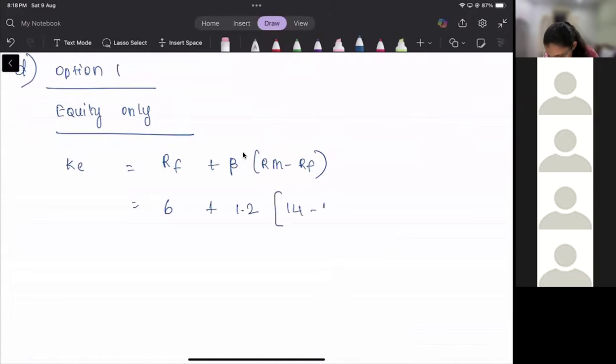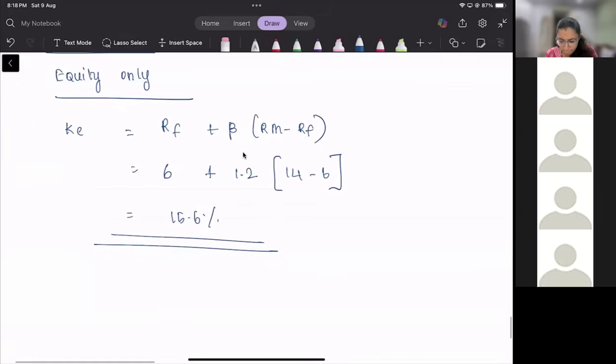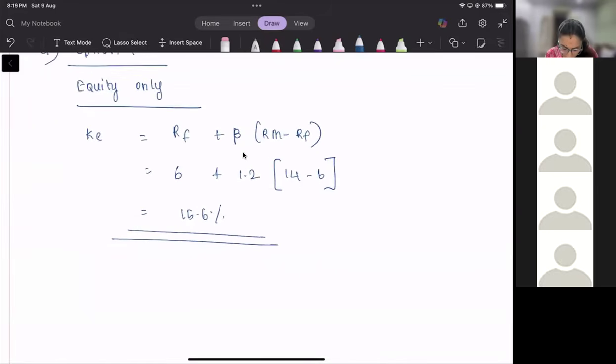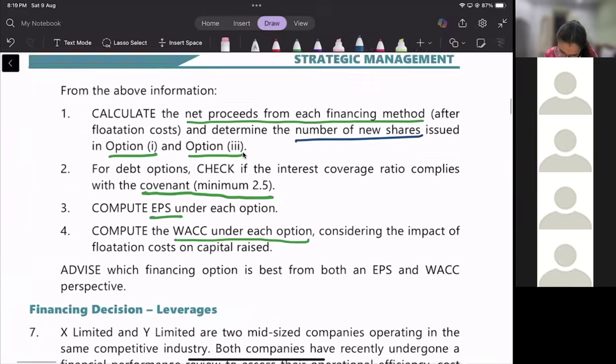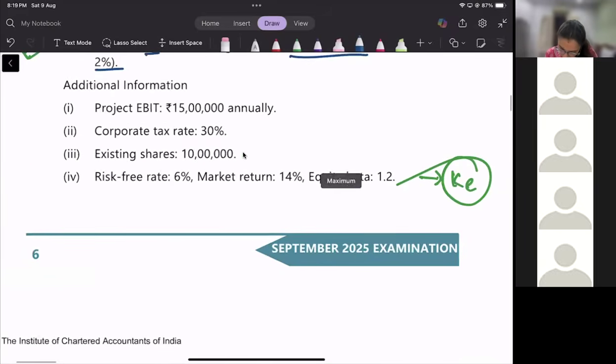Market return is given. Risk-free return is given. So from this, we'll get the KE. Simple, right? All the details are directly given in the question. See here, the risk-free rate is given, market return is given, equity beta is also given.